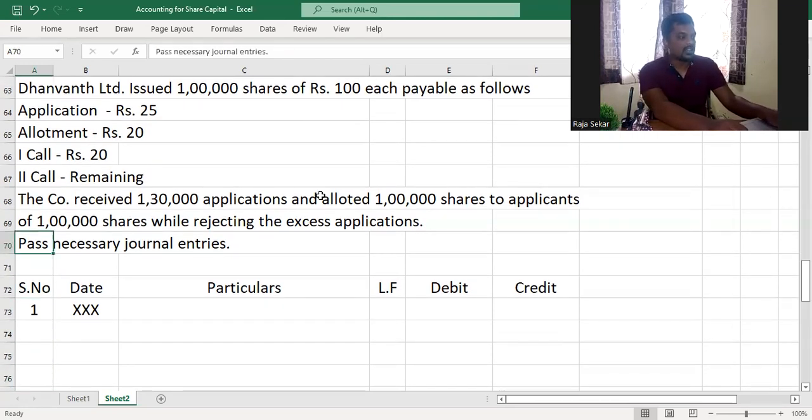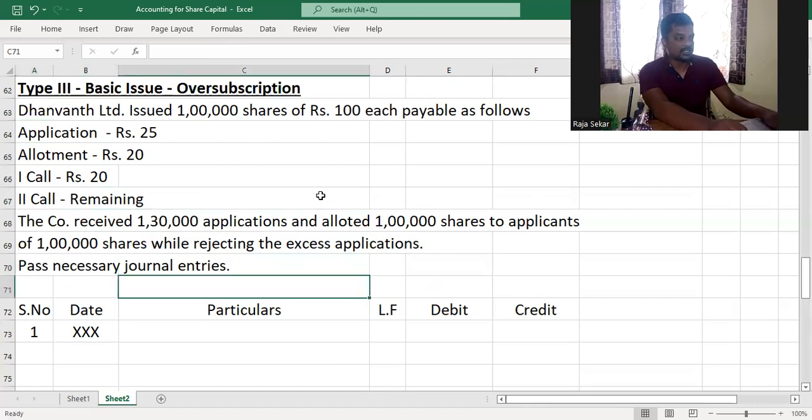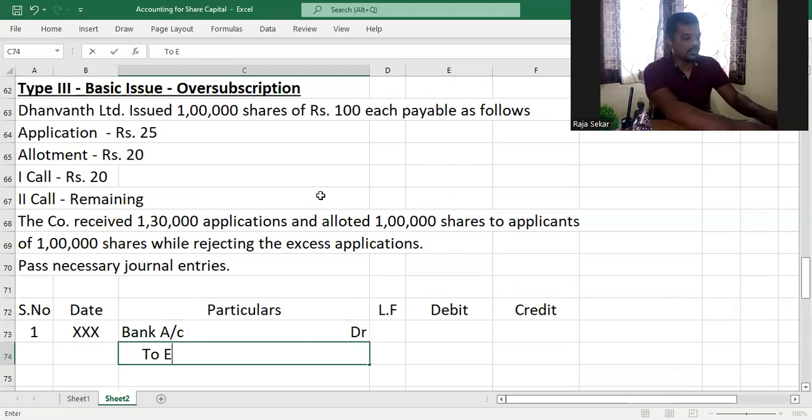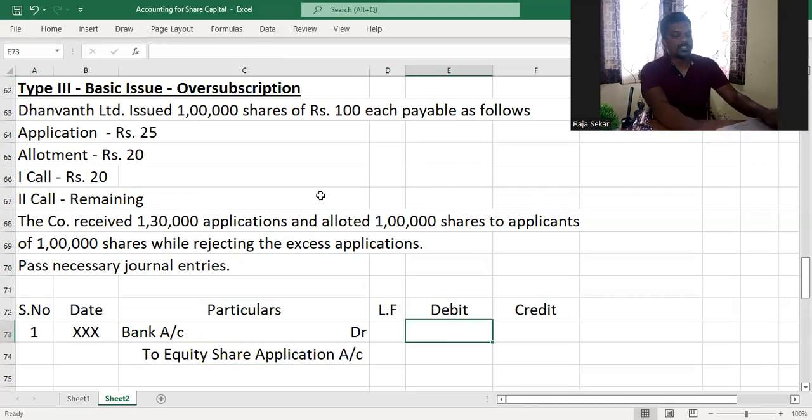The first transaction in any issue of shares problem is the receipt of application money, which you very well know. The journal entry for that is bank account debit to equity share application account, if it is equity share. If it's preference share, then it will be preference share application account. And what is the amount? As I already told you, it's the number of applications received multiplied by the application money per share, because that is the amount of money that the company would have received.